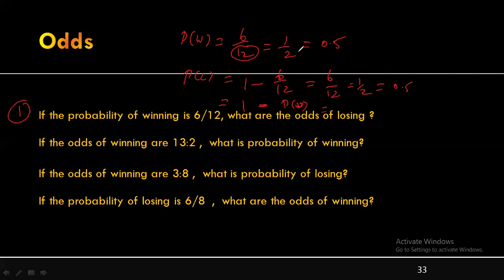In simple terms, if somebody says the probability of winning is 0.5, that means the remaining 0.5 is the probability that they are going to lose. So you subtract it from 1: 1 minus 6 over 12, where 6 over 12 is the probability of winning. That is 1 minus the probability of winning. 6 over 12 is equivalent to 1 by 2, and if you solve this, you get 0.5.